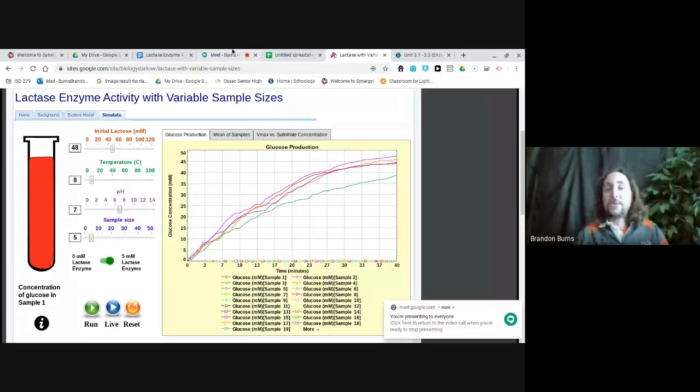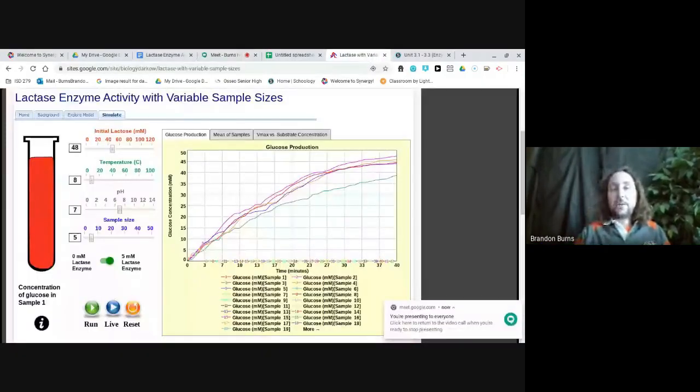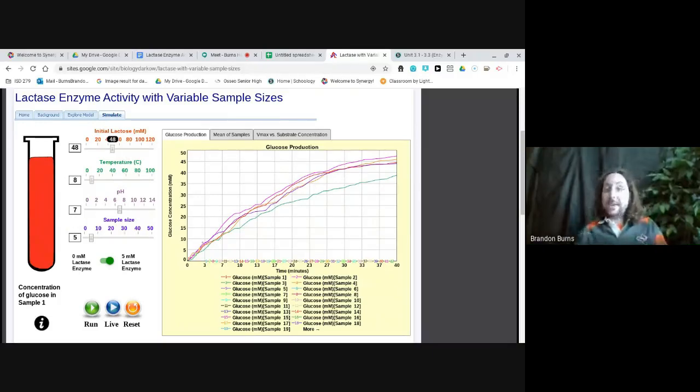Does the lactose change? Okay. Yes, the lactose changes. I don't actually change these values because each time I run the trial, I want to start with the same amount of lactose. But in the reaction, the lactose is turning into glucose. That's the chemical reaction. So yes, it's going to change.